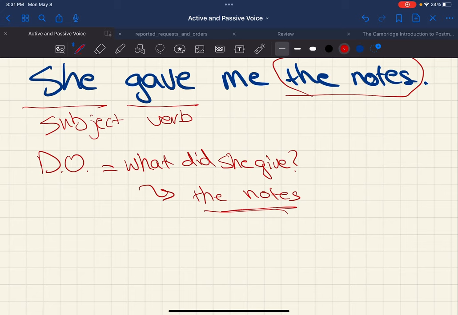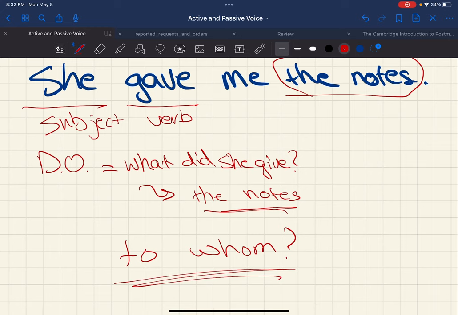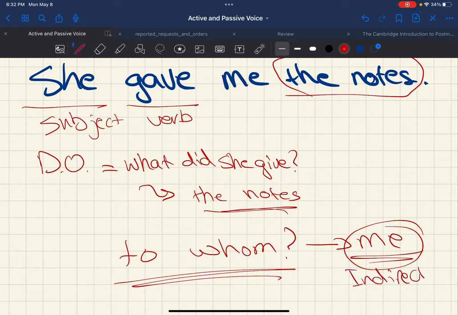Now, in this case, we found the direct object by creating the question. We said, what did she give? The notes. Now, ask to whom? The answer is me. This here is the indirect object.